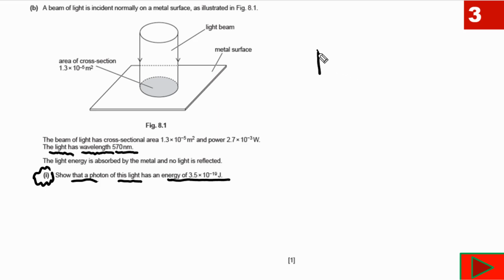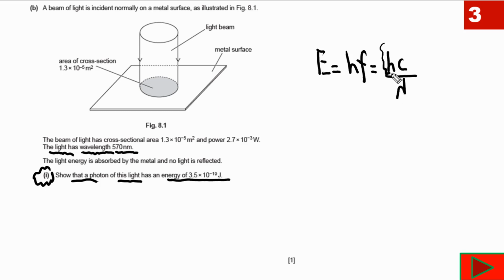Now we need to find the energy of a photon, and we understand that the energy of a photon is equal to hf. f is the frequency of light, and because the frequency is not given to us, we need to convert it into wavelength. So we understand that frequency is equal to c over lambda.